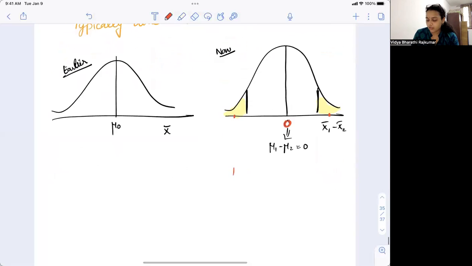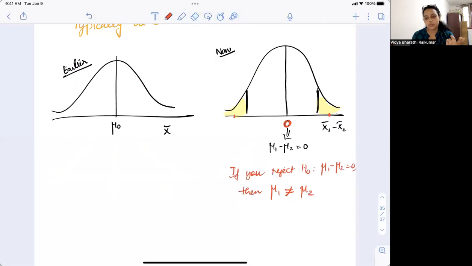So if you reject the null that mu1 is equal to mu2, or that mu1 minus mu2 is 0, then mu1 is not equal to mu2. That there is a significant difference between the population means. That will be your conclusion.